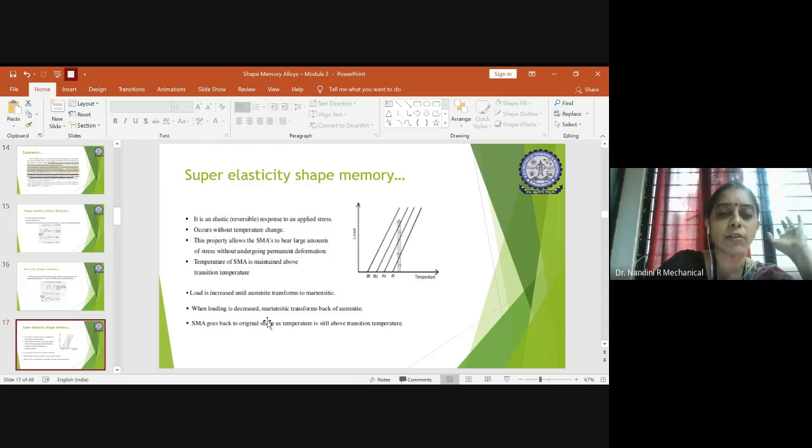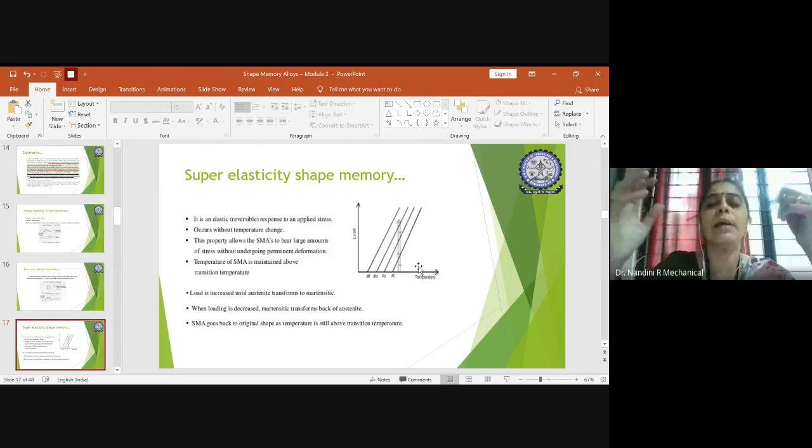So what are the characteristics of it? It is totally an elastic material, with a totally reversible response to any applied stress. It means the material doesn't have any constraint on load-bearing capacity or temperature-withstanding capacity.